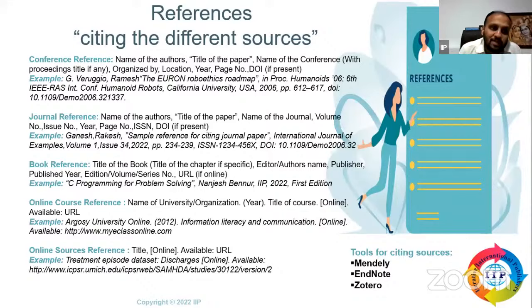If the source is a journal, then this is the format. If you are referring to a book to prepare your content, you should mention the book in this format. If you are referring to any online courses, the format to mention in your book is this online course reference.